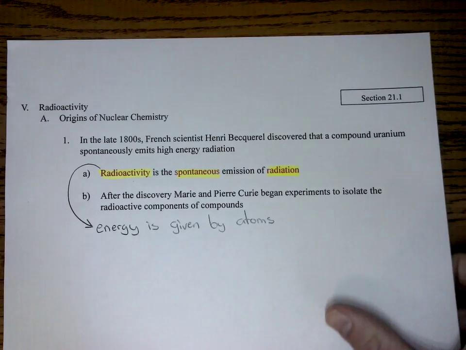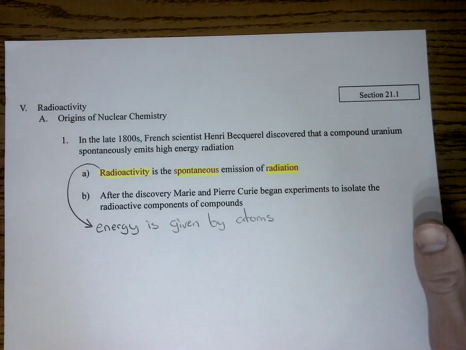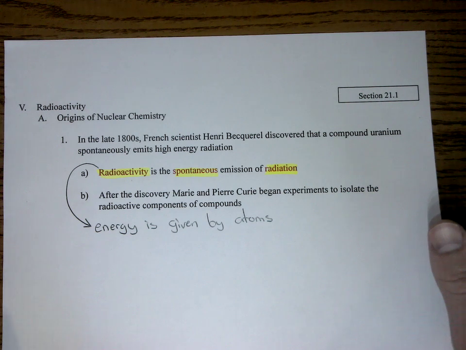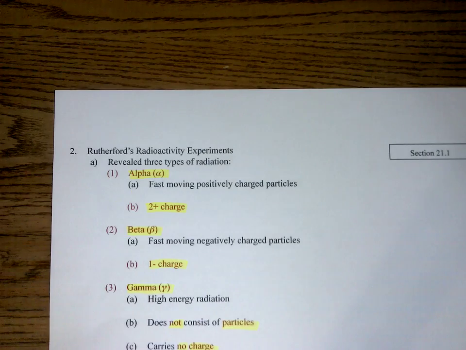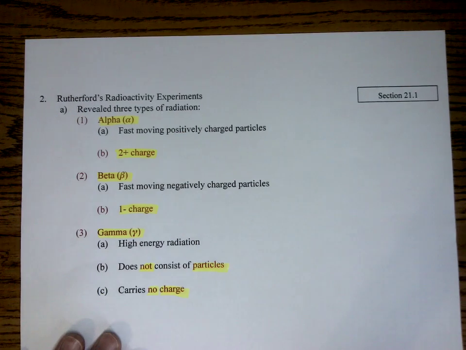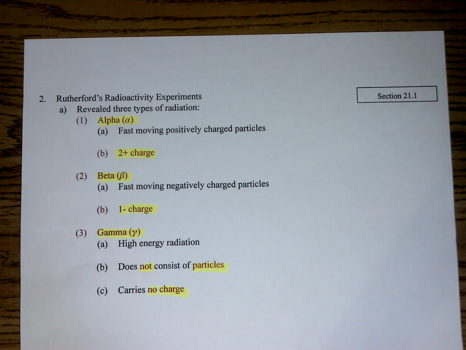So we have this radioactivity, which is this spontaneous radiation. So again, think of radiation as, hey, atoms are giving off energy in some way, shape, or form. Our three main types of radiation are alpha, beta, and gamma radiation.